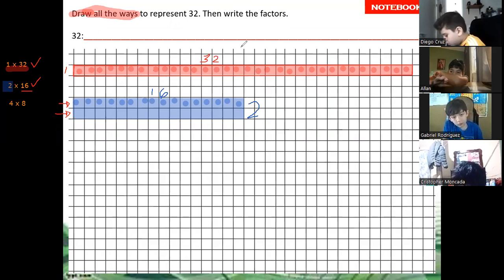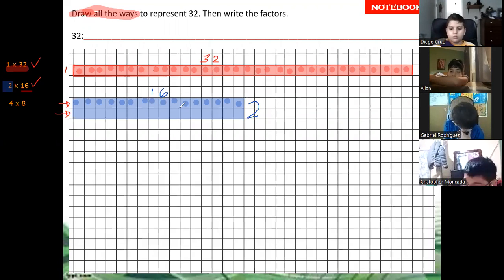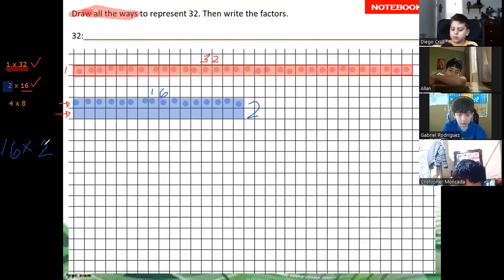Another observation that I have to make here is that if I show you this model, the blue one, and I say write the factors, if you write 16 times 2, you get a mistake. Pay attention, please.